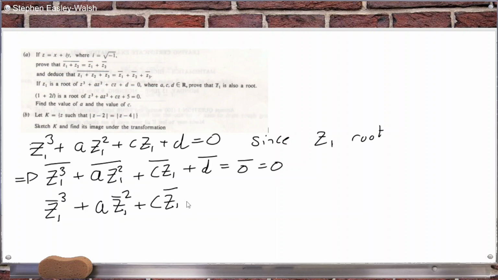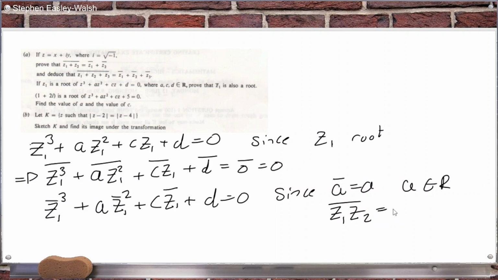So since a conjugate equals a if a is real, and also z1 z2 conjugated equals z1 conjugated z2 conjugated, you can see, therefore, z1 conjugated is a root.